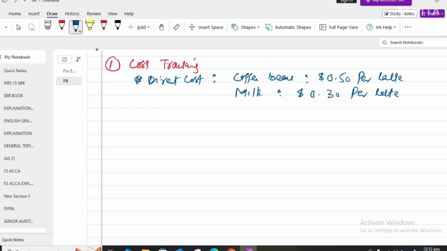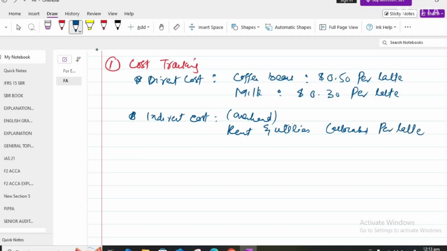Now let's move on to the indirect cost. That will be your overhead. We call that overhead. Indirect cost means overhead, and then you'll have rent and definitely some utilities allocated per latte. Clear? I assume here that this will be in monetary terms, let's say $0.20. Clear?